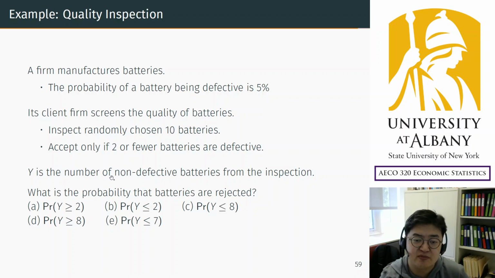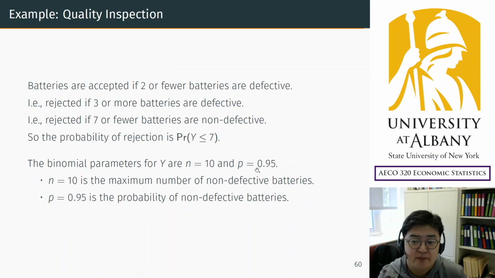That happens with probability 95%. So there are 5% defective batteries, which is failure. So failure probability is 5%, but success probability is 95%. So the parameter p must be 0.95, not 0.05.